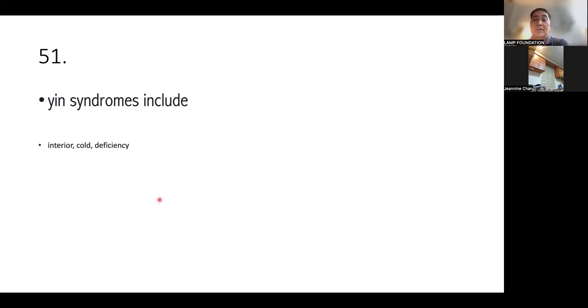Okay. In general, there are only three. Interior. If interior, it's yin. Cold, deficiency. Okay, everything you said is right, but this is more generalized. It's okay. Yang syndromes are the opposite of the previous.